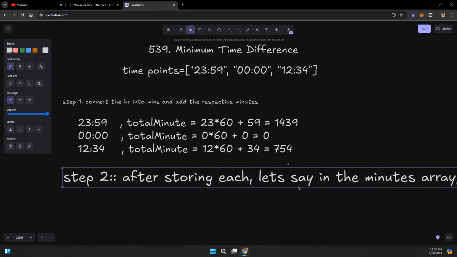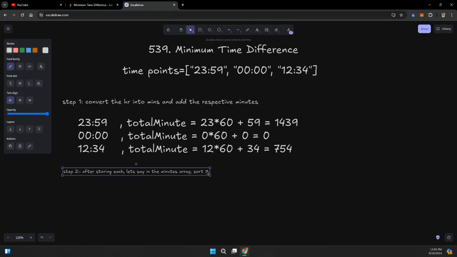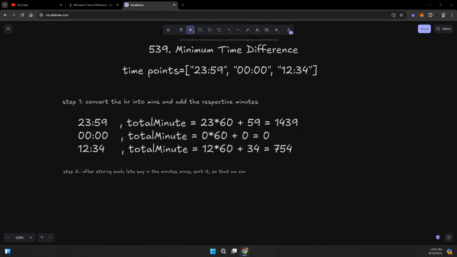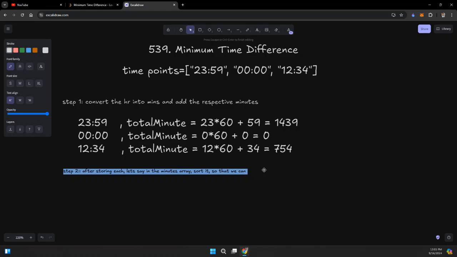Now you know why to sort it, so that we can easily calculate the time difference between consecutive points.